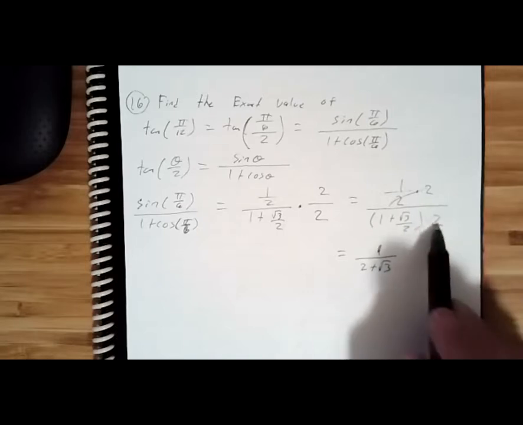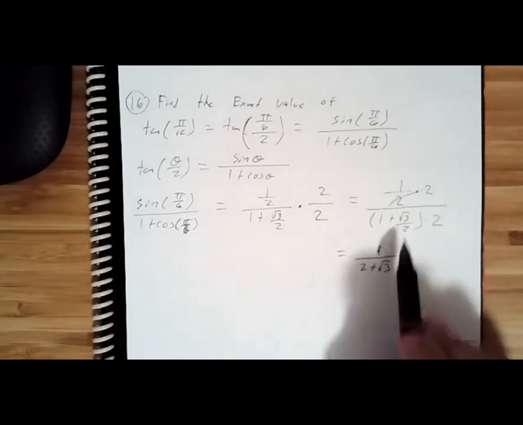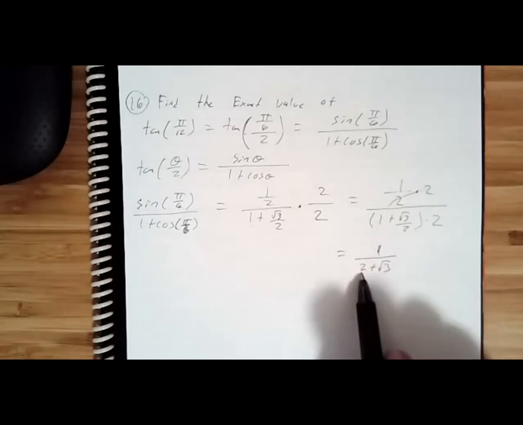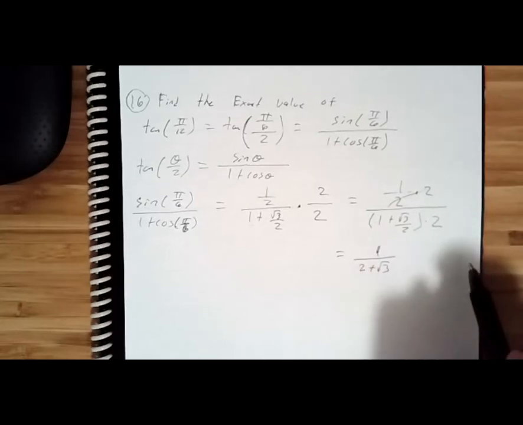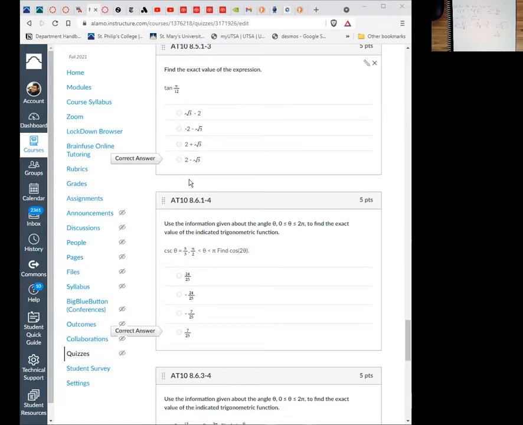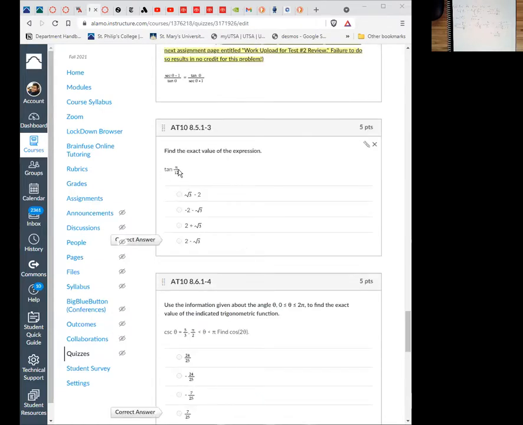When you multiply this by this, it cancels the 2, giving me this, and then 2 times 1 is a 2. So the answer here is 1 over 2 plus root 3.